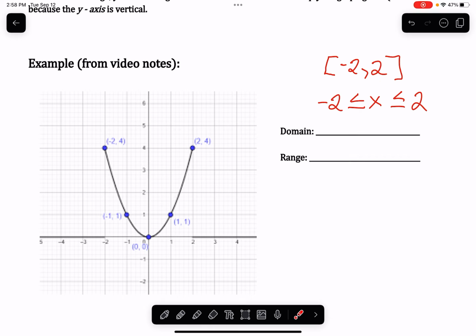And then if the lower number is included, we use a bracket on this side. So the bracket means that the value is part of the domain. So here, this is saying our domain is between -2 and +2, including those numbers.